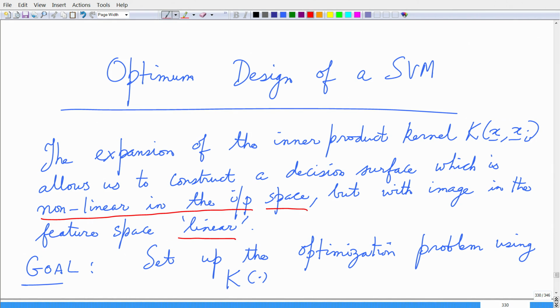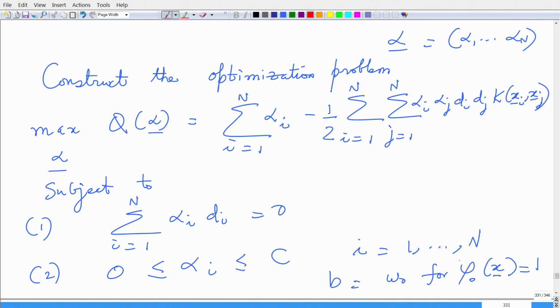So, our goal would be to set up the optimization problem using this kernel function. Let us see how we can proceed. We set up the optimization problem as follows.